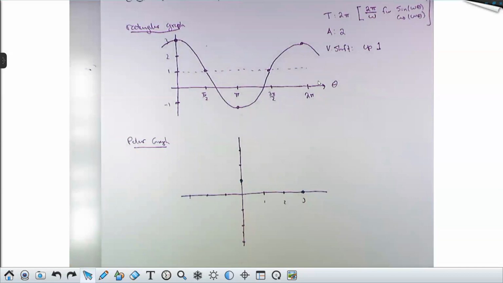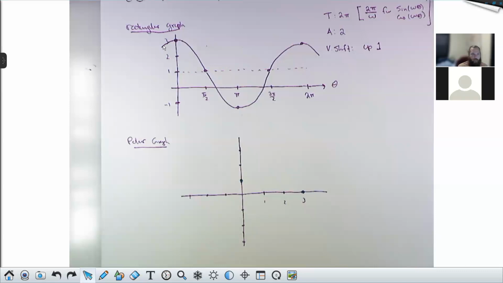Oh, before I start plotting down here, one more thing. Marking off the maxes, the mins, and the equilibria are neat. Are there any other points in this rectangular graph that you think might be important as we try to translate into polar? When you look at this rectangular graph, are there any points on here that are significant or important in some way that are not yet labeled?